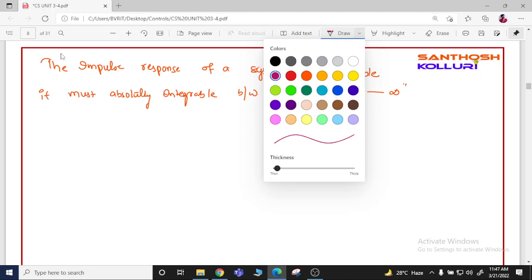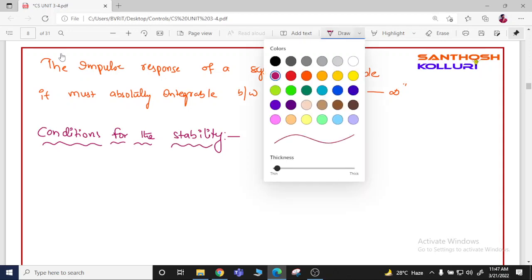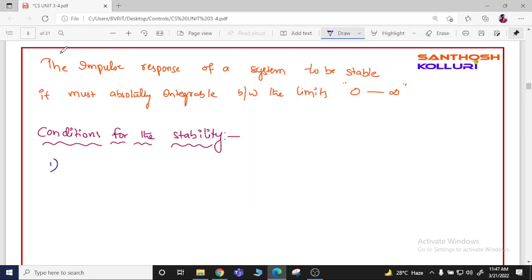Next, conditions for the stability. Let us see what conditions are required for a stable system. Generally, before discussing the conditions of stability, let us see the S plane.